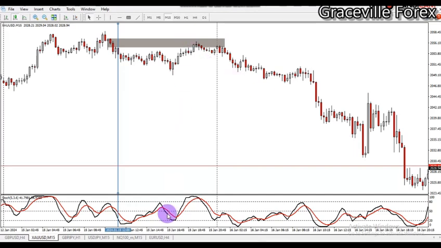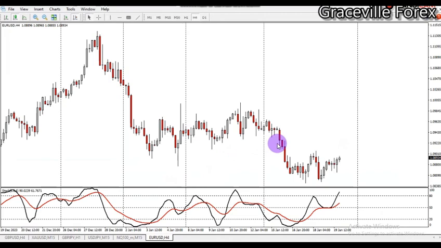Now let's look at an example on EUR/USD. Now we're on the EUR/USD 4-hour time frame. We have this push here on the 50% level. We have a crossover to the upside. This strategy is very simple and very effective.